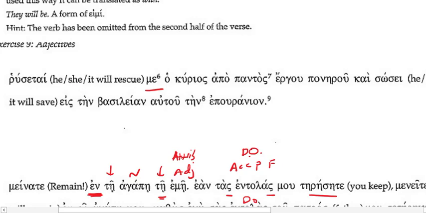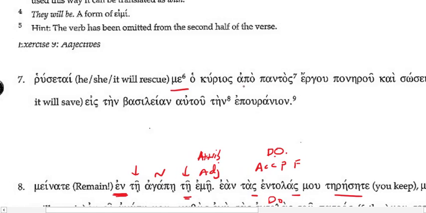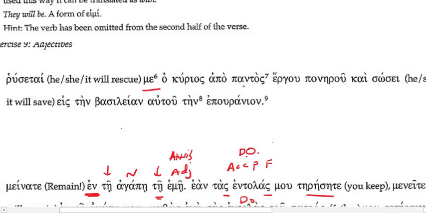This is called an enclitic, in that it leans back on the preceding word. And proclitics lean forward on the next word for the accent. And I remember 7, the last word, epouranion. Mm-hmm.